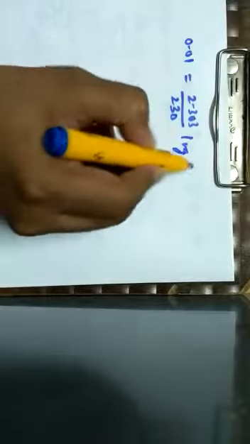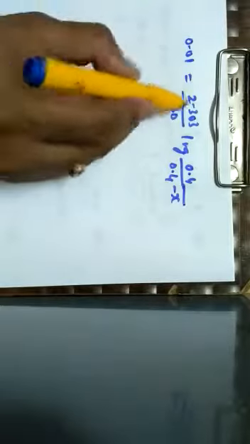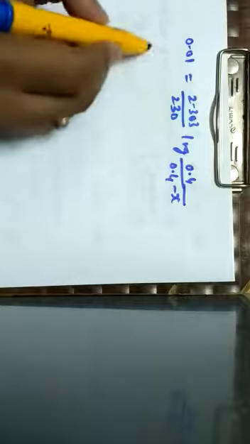Therefore further this can be analyzed as the value of K we have identified. Value of K is given by what? 0.01, that is 2.303 divided by time 230 seconds into log of 0.4 divided by 0.4 minus X. So 2.303 divided by 230 is again 0.01.